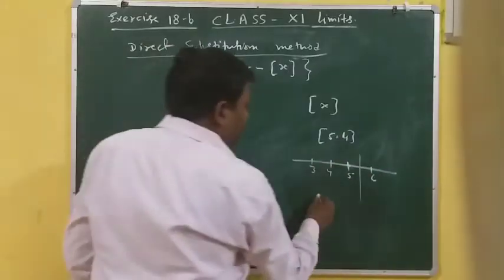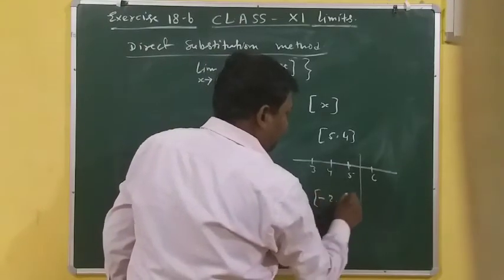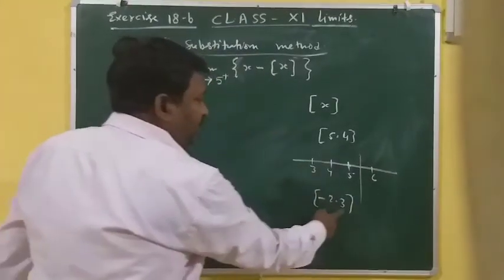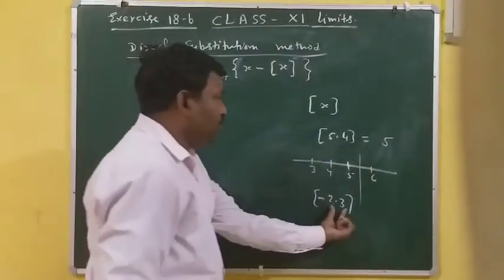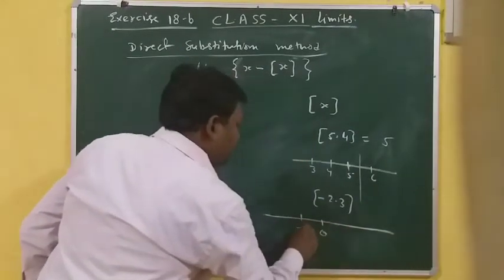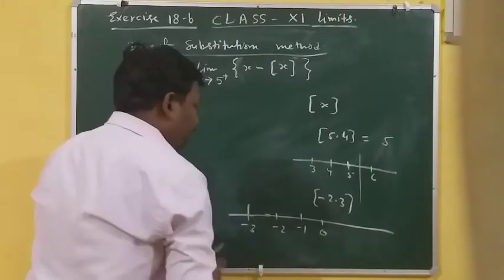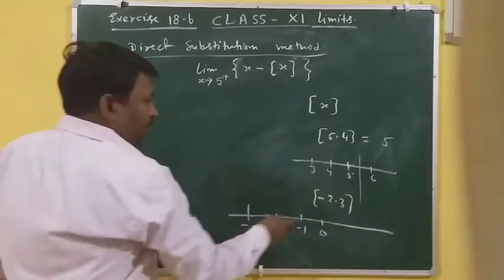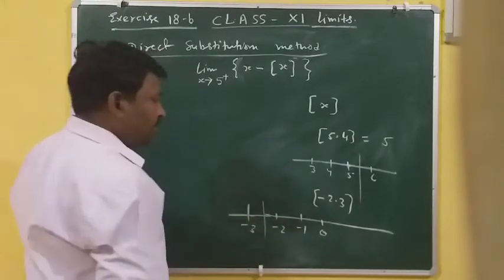Okay, for example, minus 2.3, just see, minus 2.3, what should be its value? Just see, suppose 0, minus 1, minus 2, minus 3, okay, minus 2.6 something, minus 2 point something is here.